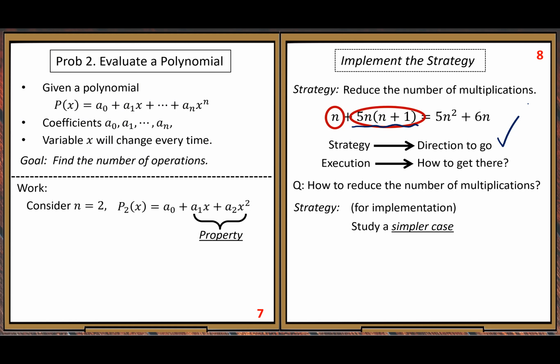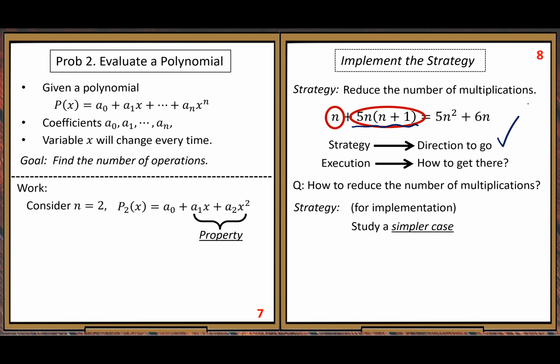Think about it. Definitely, in order to reduce the number of multiplications, we need to do the computation differently. If you use the same computation, you get the same number of multiplications. That doesn't help. So here, we want to do a different calculation.